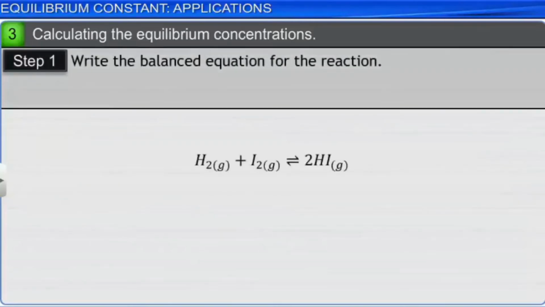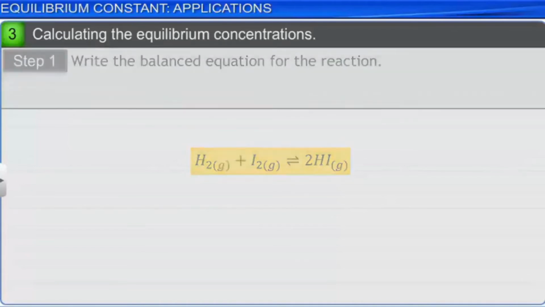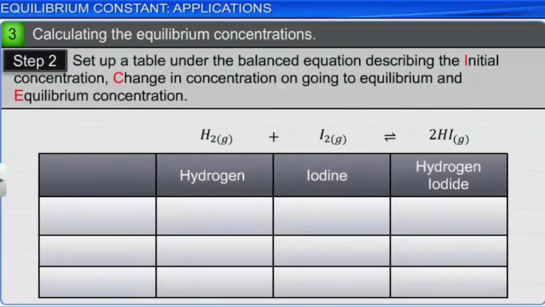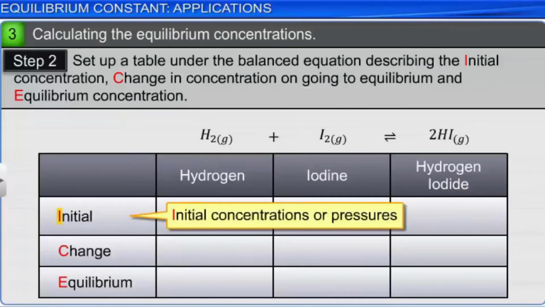The first step in calculating equilibrium concentrations involves writing a balanced equation for the reaction, like this. The second step is to set up a table describing the initial concentration, change in concentration on going to equilibrium, and equilibrium concentration. The second step can be easily remembered in the form of an ICE chart, where I stands for the initial concentrations or pressures for each species in the reaction mixture.